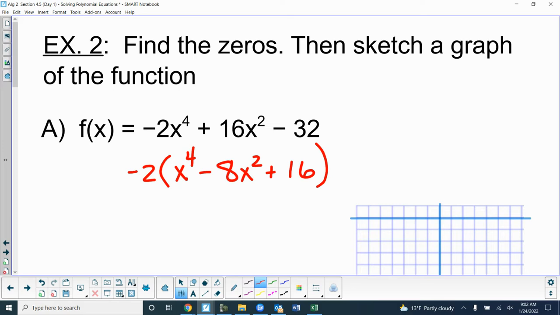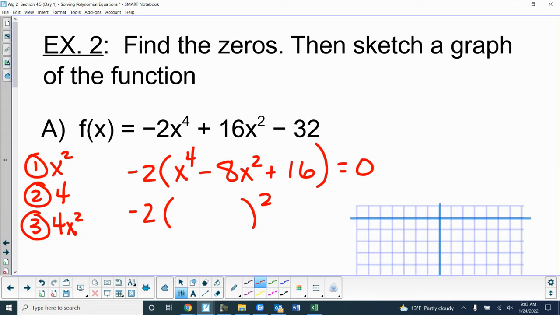It's got 3 terms, so it's not a difference of squares or difference of cubes. Are the first and third terms both positive perfect squares? Yeah. So does my 1, 2, 3 test work? It does. What's the square root of the first one? x squared. What's the square root of the 16? 4. Multiply those. Is 4x squared half of -8x squared? Yeah. So this is going to be -2.